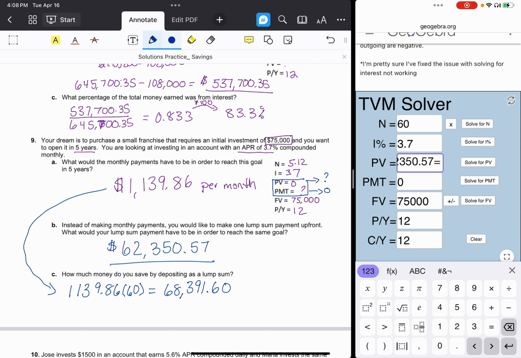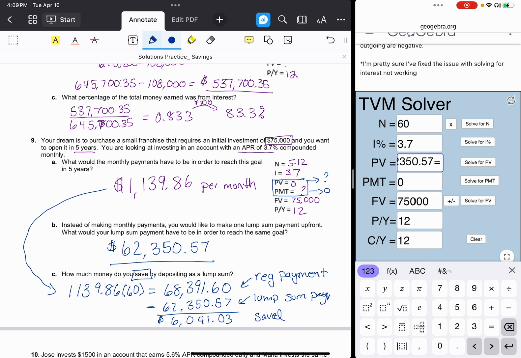You would find out that you would put in $68,391.60. So if we want to know how much we save, we take our regular payment total and subtract our lump sum payment from that. How much did we save? $6,041.03.